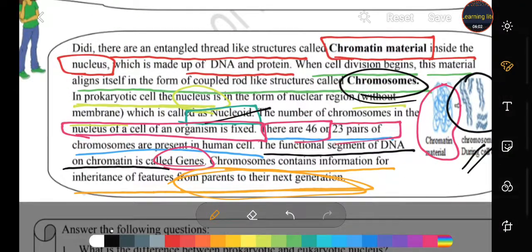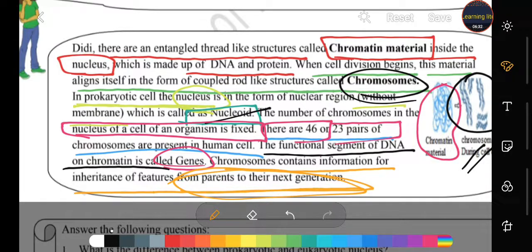Next, what is the difference between prokaryotic and eukaryotic cells? Student, in a prokaryotic cell, the nucleus is without any membrane, and in a eukaryotic cell, the nucleus is covered by a nuclear membrane. In prokaryotes, only one chromosome is present, but in eukaryotes, more than one chromosome is present. For example, in a human being, there are 23 pairs of chromosomes, that means 46.